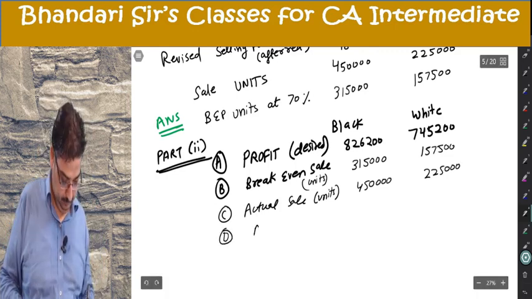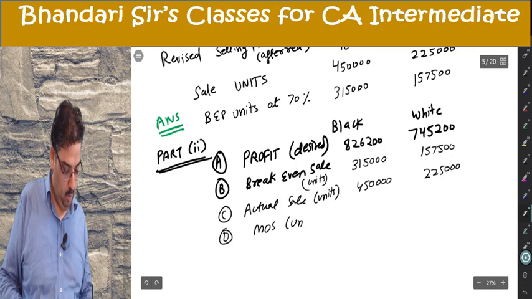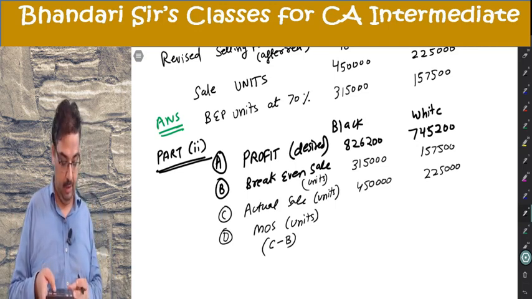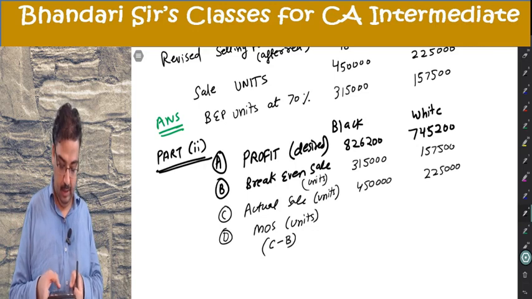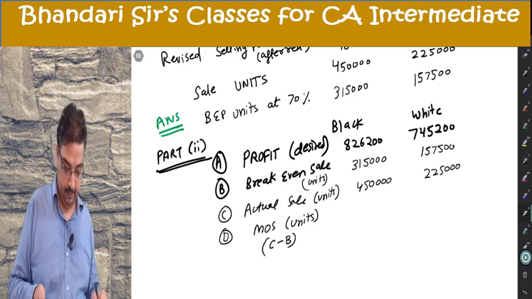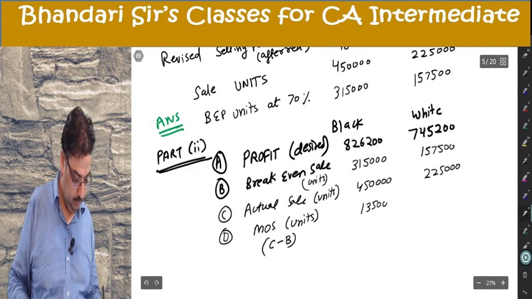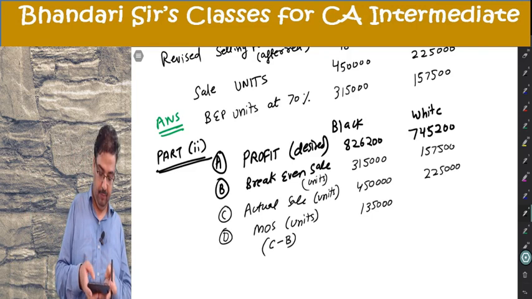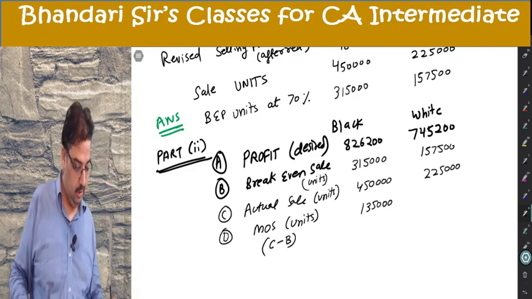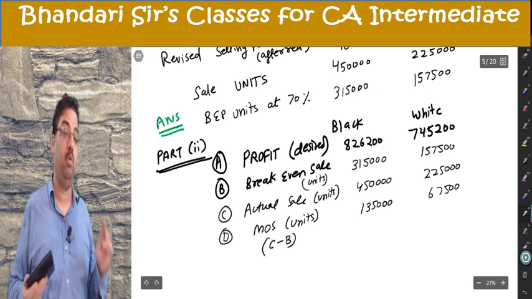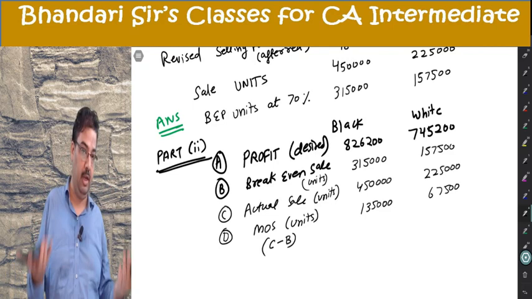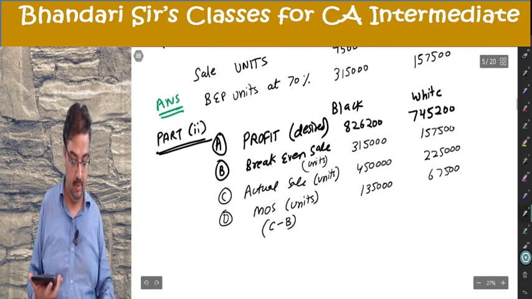D point, MOS in units, C minus B. Actual sale minus break-even sale will give you margin of safety in units. 4,50,000 minus 3,15,000 is 1,35,000. 2,25,000 minus 157,500 is 67,500. There are many ways of computing. You could have done 30% of actual sales. That is your margin of safety, because 70% is break-even, 30% is margin of safety.